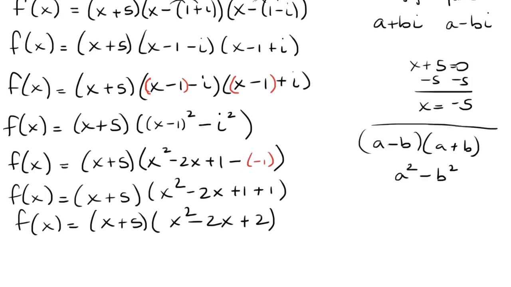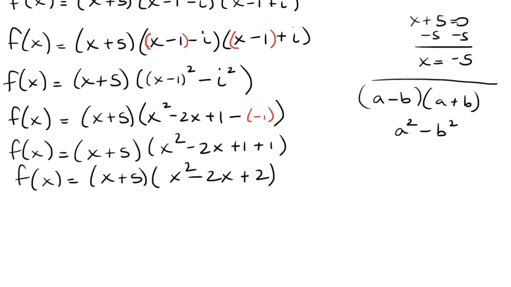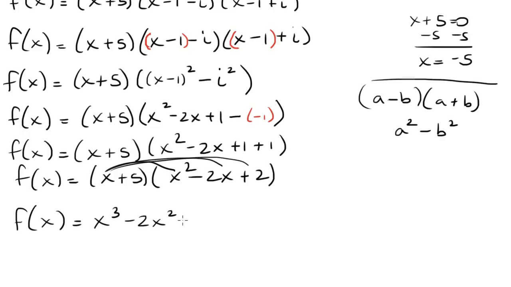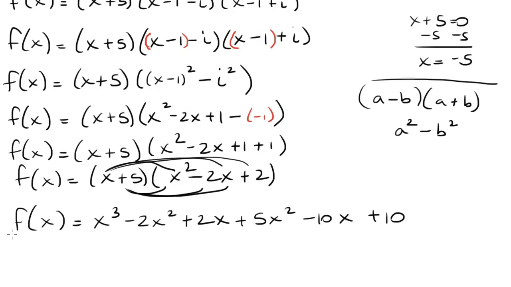Okay. And now I can distribute here. x times x squared is x to the third, minus 2x squared plus 2x, plus 5x squared minus 10x plus 10.